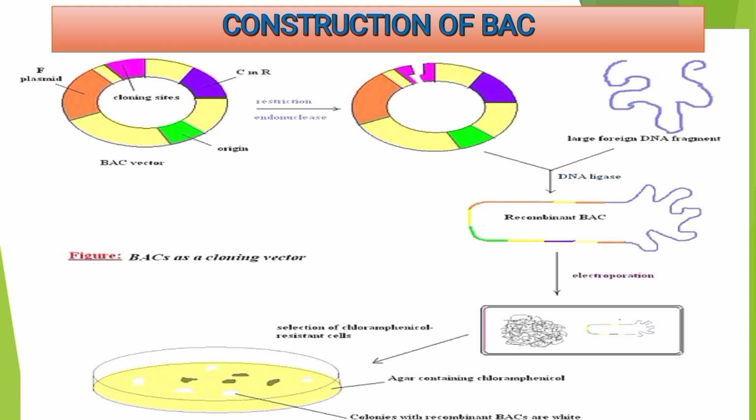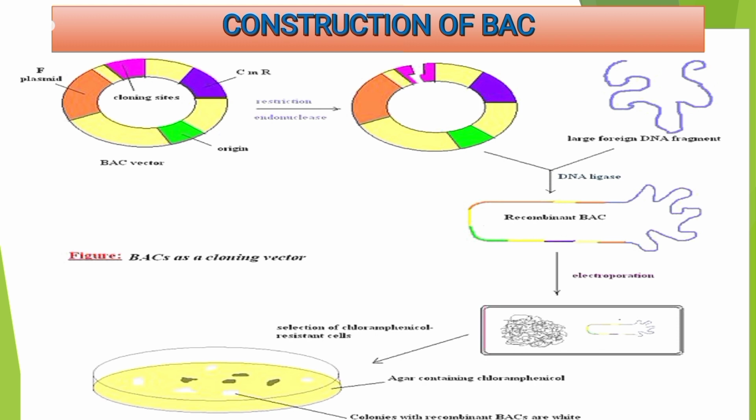This can be done by using the plating method in which chloramphenicol resistant cells are being selected. The plate contains agar that has chloramphenicol in it. What does this mean? This means the cells that are recombinant and have recombinant BAC in them, in those cells, particularly this chloramphenicol resistance site is going to be disrupted.